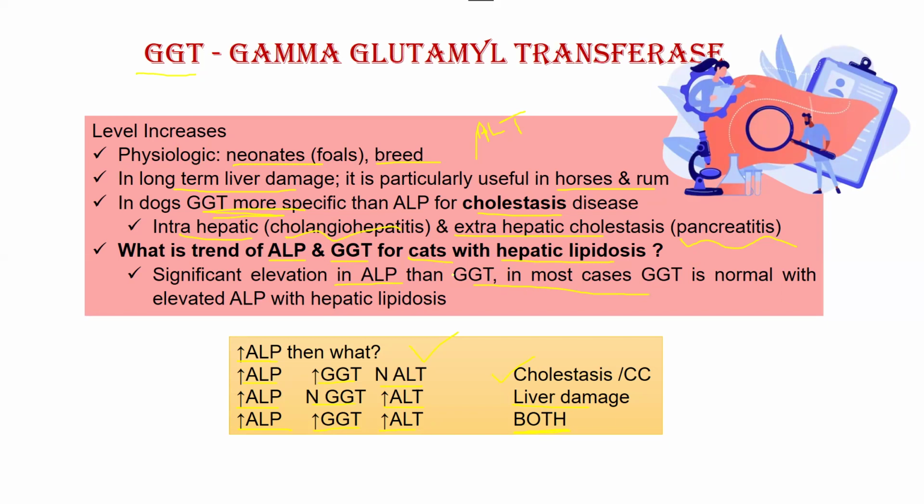So the purpose of talking about this is that when it comes to hepatic lipidosis, ALP gets more importance than GGT. But when it comes to cholestasis, GGT is more important than ALP.